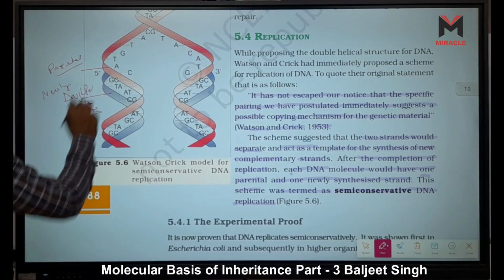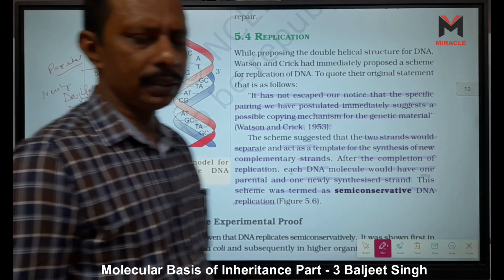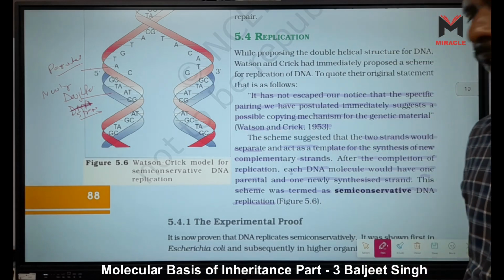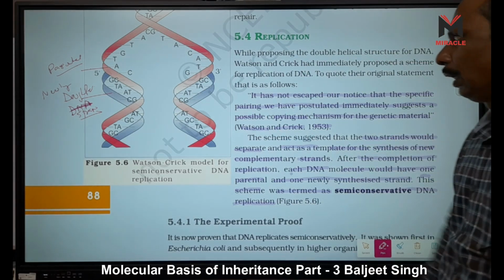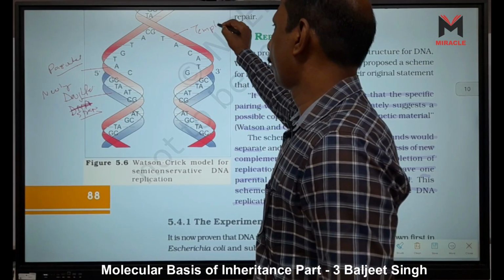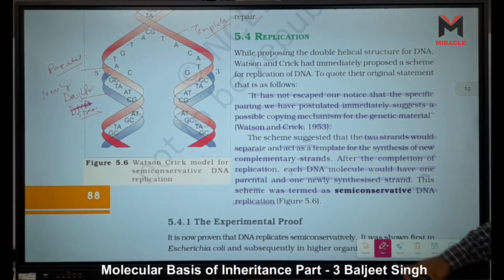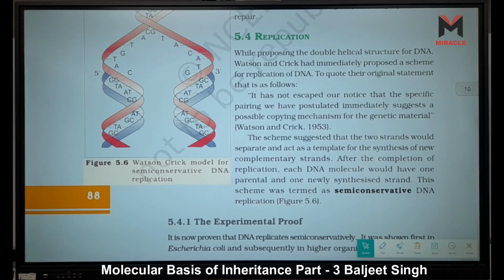Because half is parental and half is newly synthesized strand, it is called semi-conservative, right? And both strands act as template strands, right?